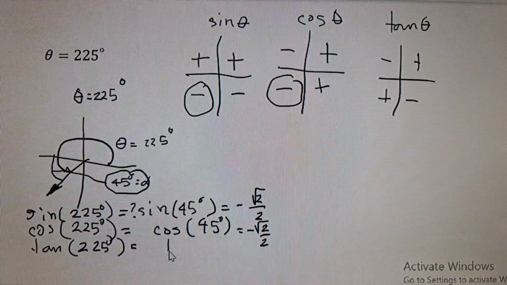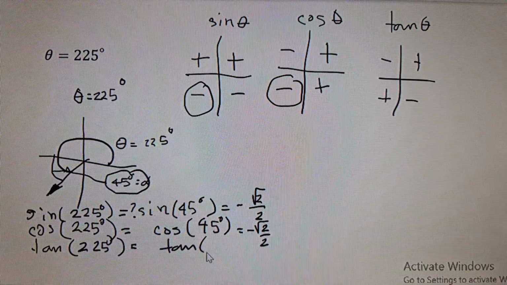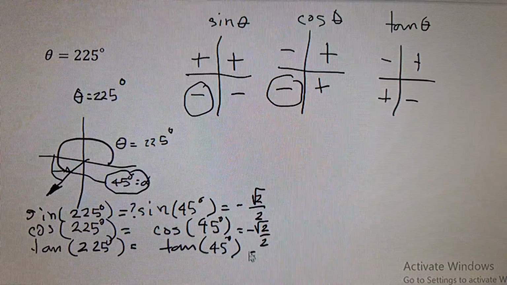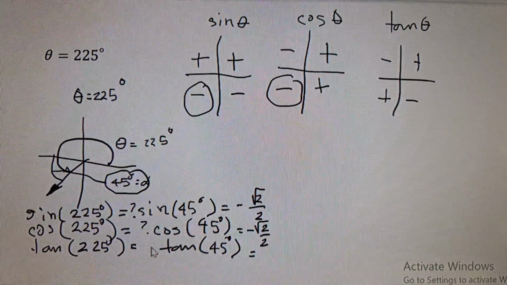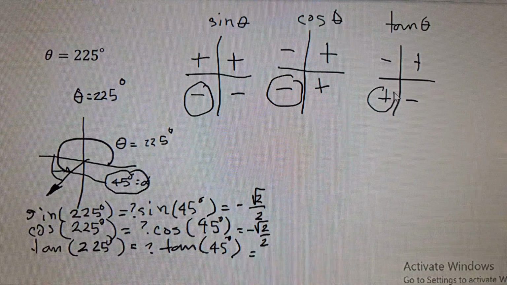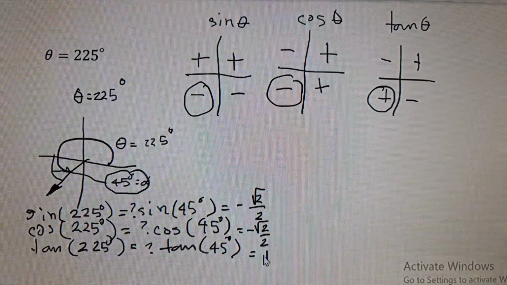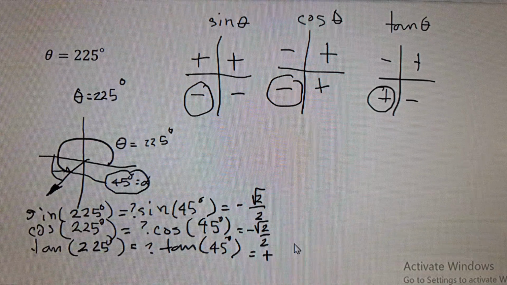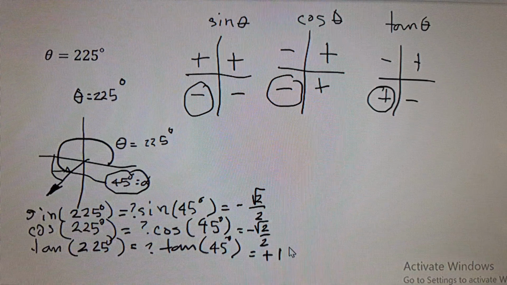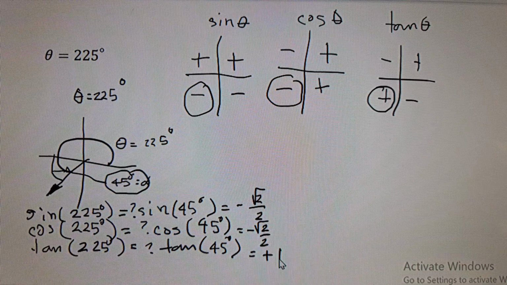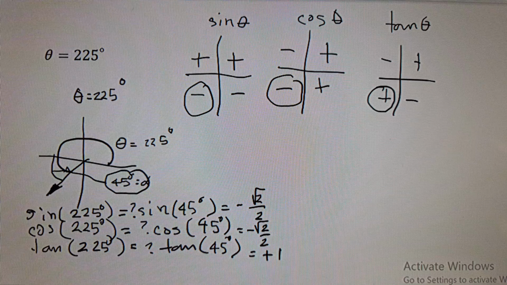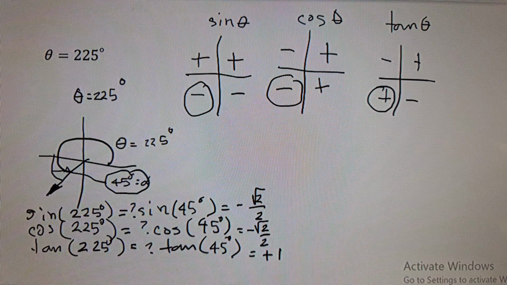It's going to be equal to the tangent of the reference angle, which is 45 degrees. We know that the tangent in that quadrant is going to be positive. What's the tangent of 45? We know that it's going to be 1, and so forth. Okay, getting the idea? Let's continue with the next example.